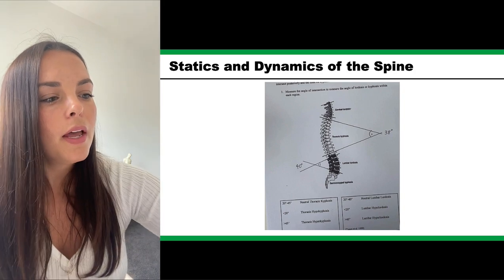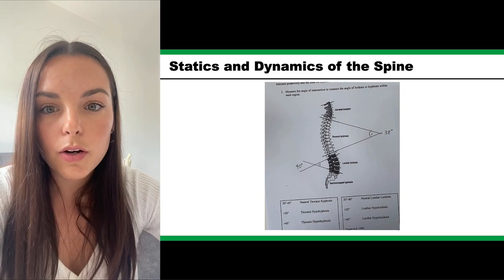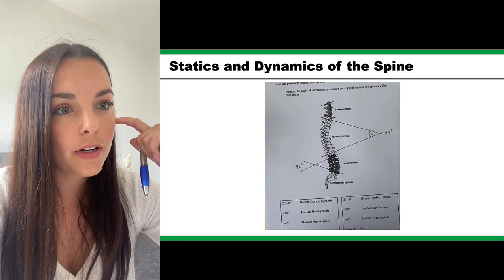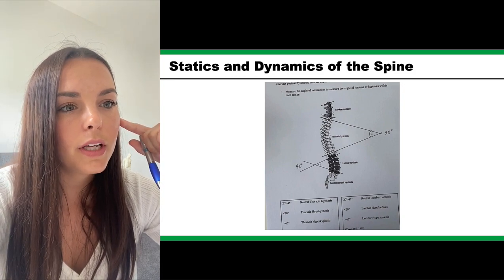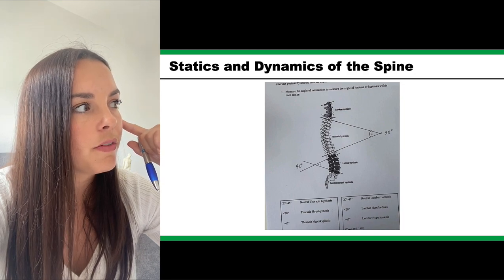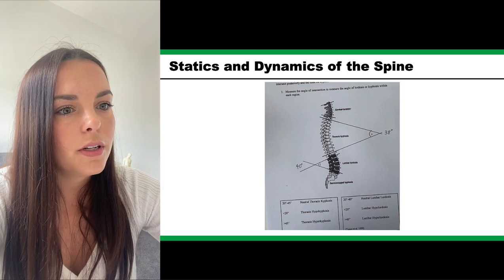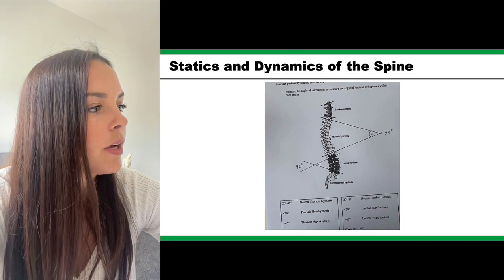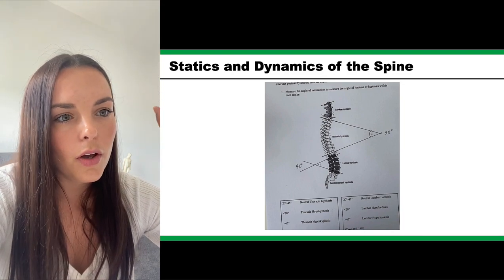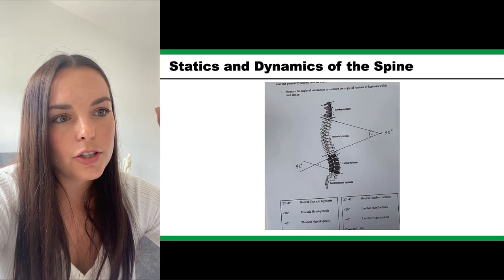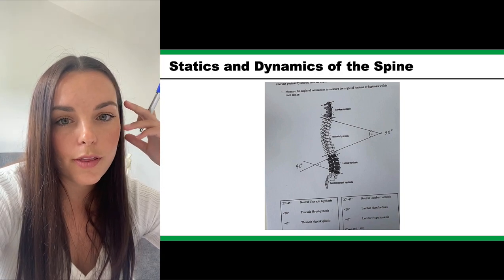Okay, awesome. Now, on this picture as well, we can actually draw the center of gravity. And the center of gravity is not something we've really spoken about too much. But have a look here at how we draw the center of gravity. So, oh, this is not it. Here we go. So let's have a look at the center of gravity here. The center of gravity actually intercepts at the fourth lumbar vertebrae.